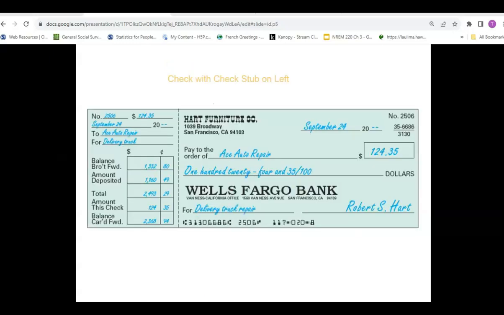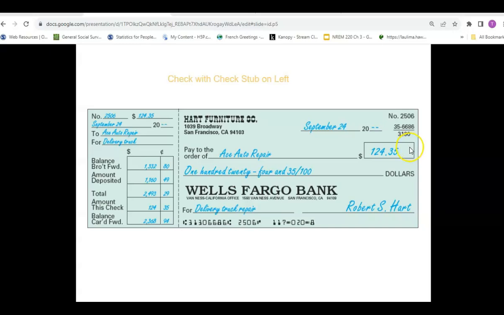Okay, here's an example of a check just with the stub on the left. And so I'll talk about the check first. So we have the business name. If it's a personal check, it would have our name at the top because we're the ones writing the check. You have the check number on the very top right. You have the date, who we're writing this check to.